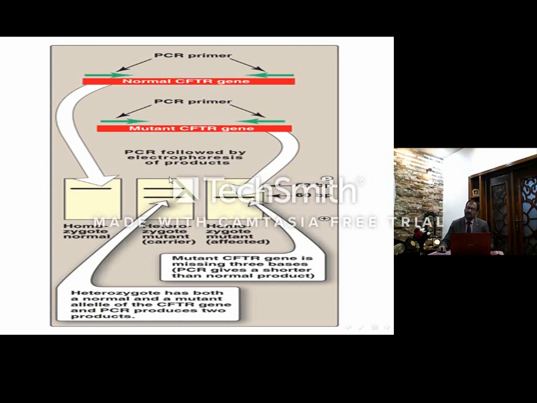He's going to be a carrier, called heterozygote mutant or heterozygote normal. Heterozygote mutant means that this subject carries the abnormal gene. So this is the aim of this lecture, how we can use PCR to diagnose a case of cystic fibrosis, an example of an inherited disorder.